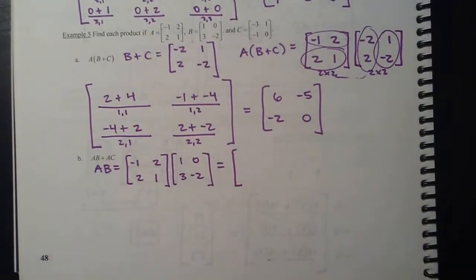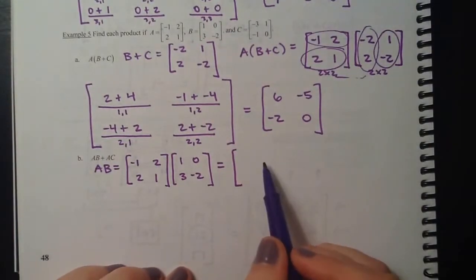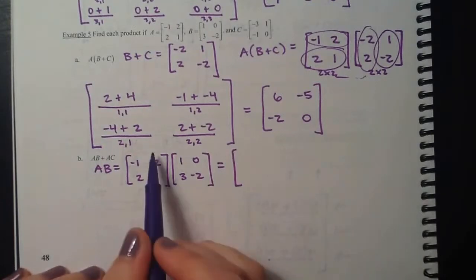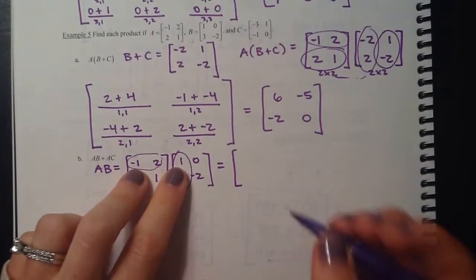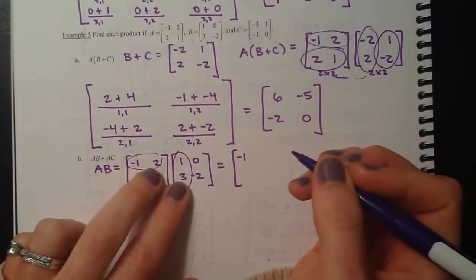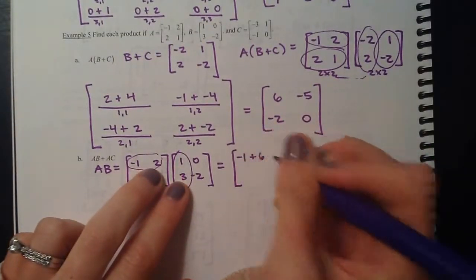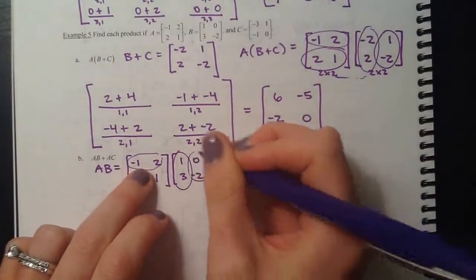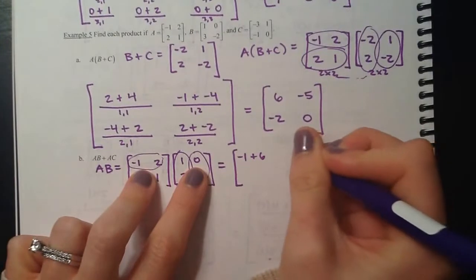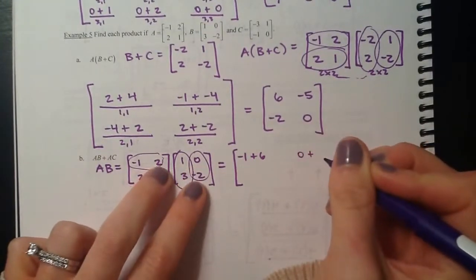I think we can do it fairly quickly. So this first spot is going to be the first row, first column: negative 1 times positive 1, 2 times 3. Now I'm going to move over to the first row, second column: negative 1 times 0, 2 times negative 2.